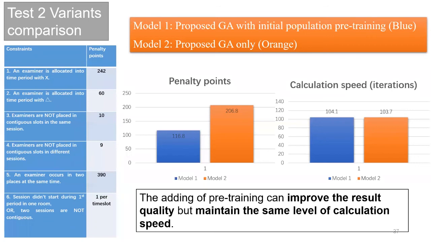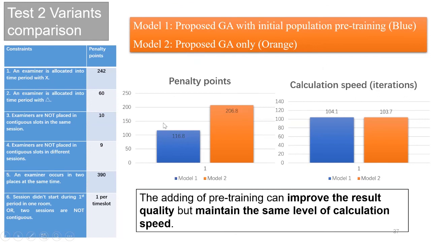And then test 2 is a comparison between the proposed GA with the pre-training and the model without the pre-training. The proposed GA with pre-training is in the blue color and the one without pre-training is in the orange color.